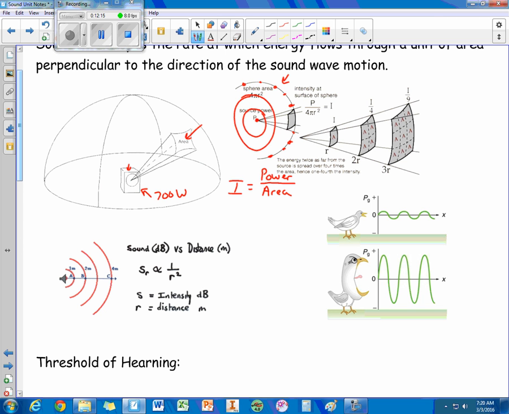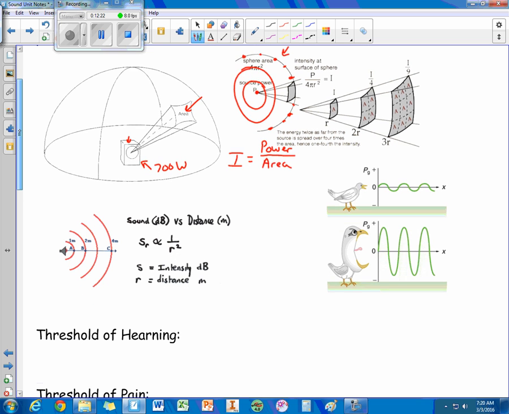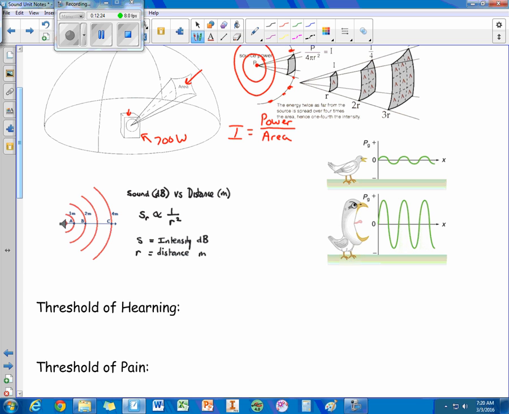And this is like a shell. What is the area? It's kind of like surface area. So what's the surface area of a sphere? Well, that's 4 pi r squared. So intensity is power divided by 4 pi r squared, where r is how far you are from the source of sound.